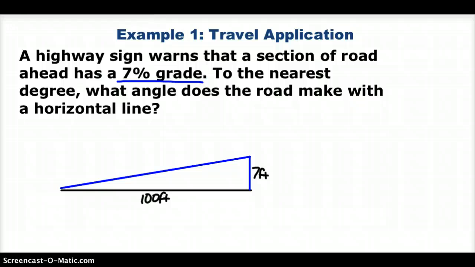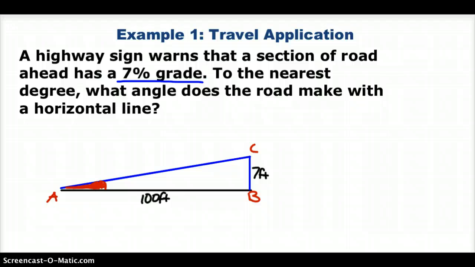We can label this triangle A, B, C if you want. It doesn't really matter what we call it. But they're asking us basically, what is angle A here? And we have to understand, when this is the angle in question, we know the opposite side, we know the adjacent side.